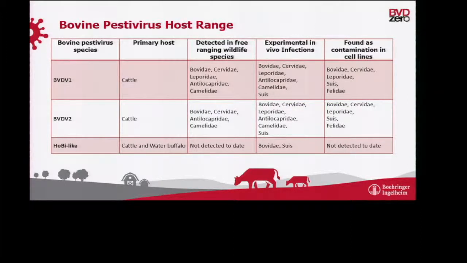Found as cell contamination in cell lines. So far, HoBi hasn't been detected as a contaminant to date, but we know that it's a major contaminant in fetal bovine serum coming out of South America in particular. But you see cat cells here. Using contaminated fetal bovine serum to grow cells adapts those viruses to your cells.